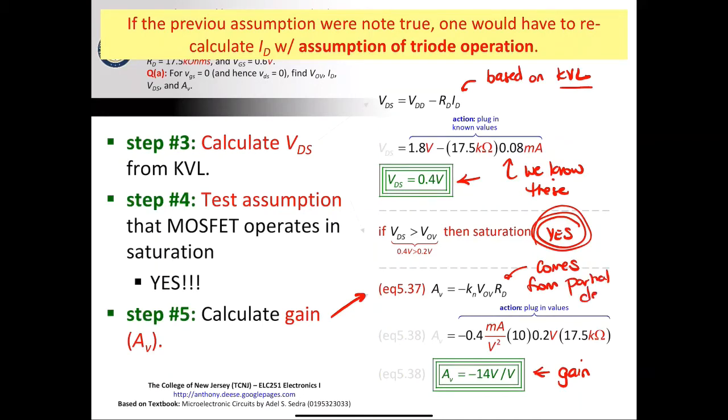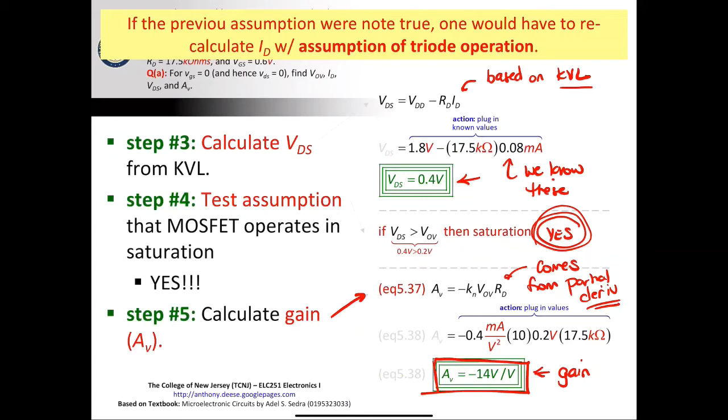Plug in all those, and we get a value of -14. So that is before we're trying to amplify anything. They're just asking us to characterize in general how this thing is going to work.